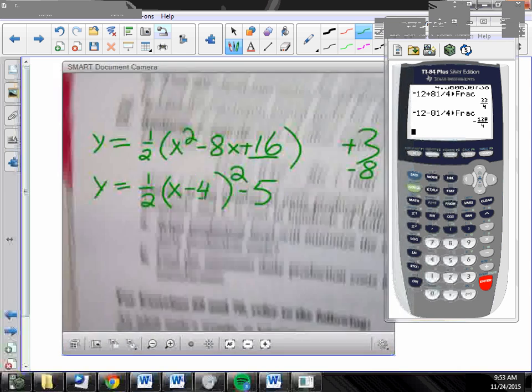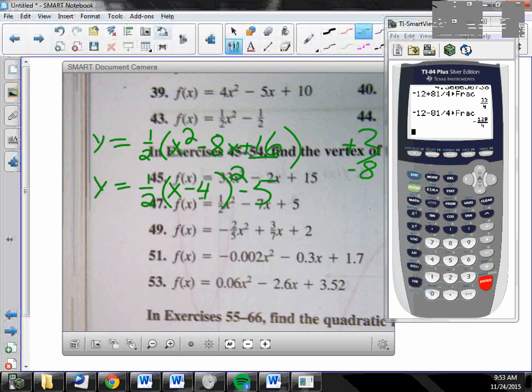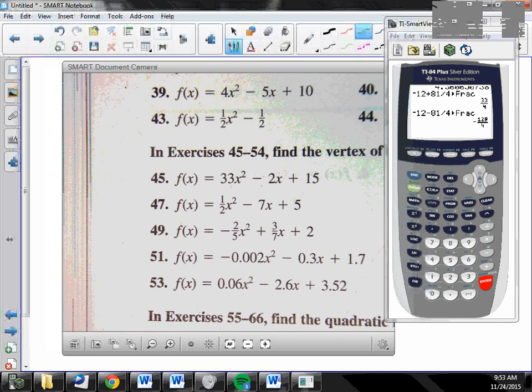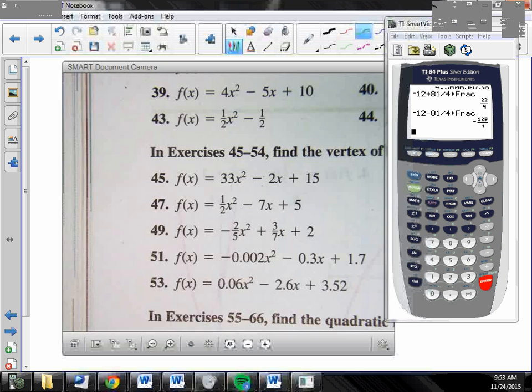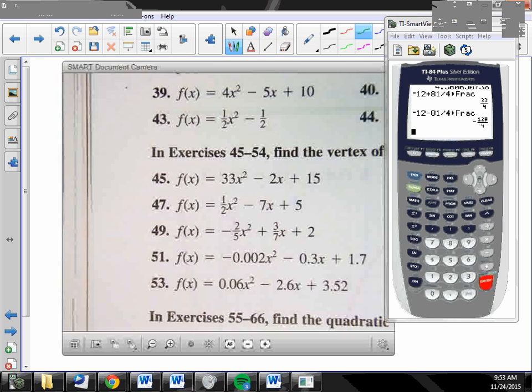Take a look at 43. How are you going to do 43? So what is the middle term in this case? 0. Half of 0 is 0, and 0 squared is 0, and then you'd subtract 0.